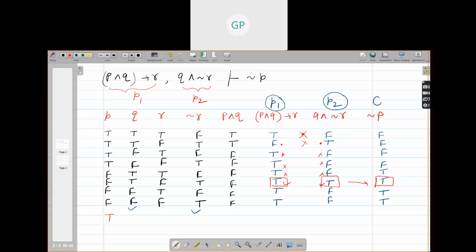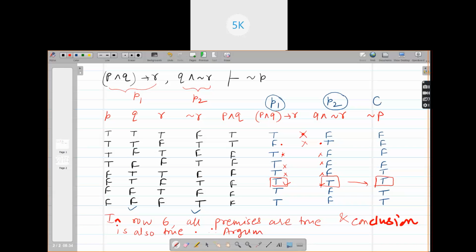In row 6, all premises are true and the conclusion is also true. So the argument is valid. Therefore, the argument is valid.